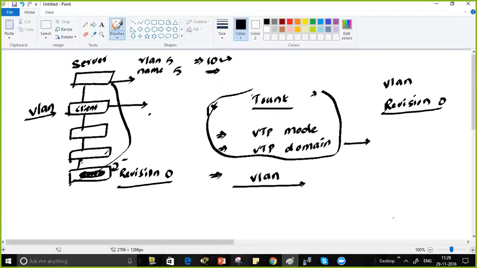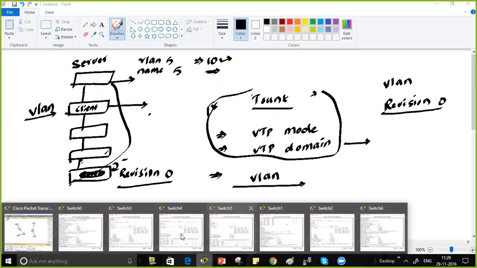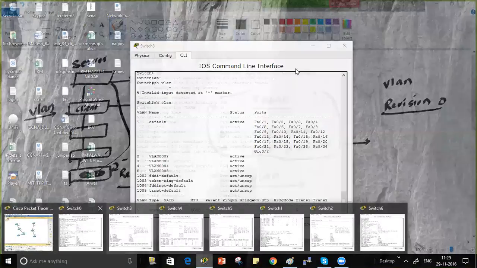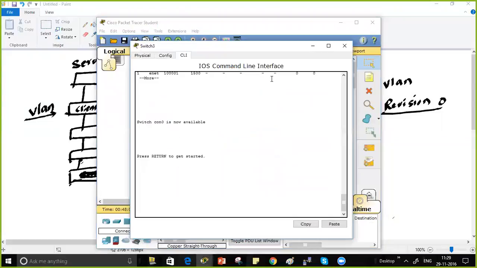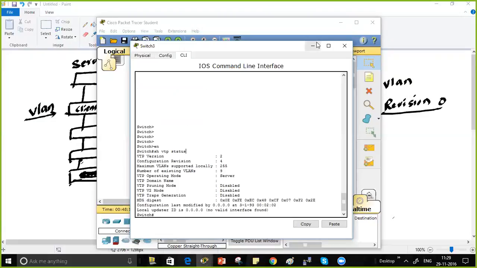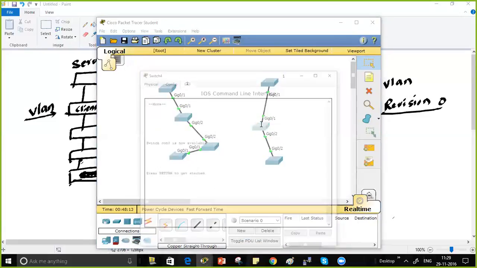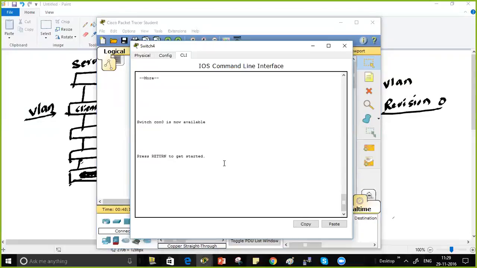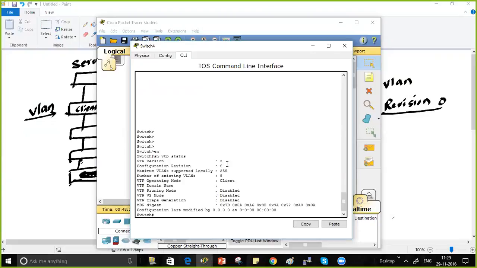If you want to check, here I first configure VLANs, not VTP. See this?